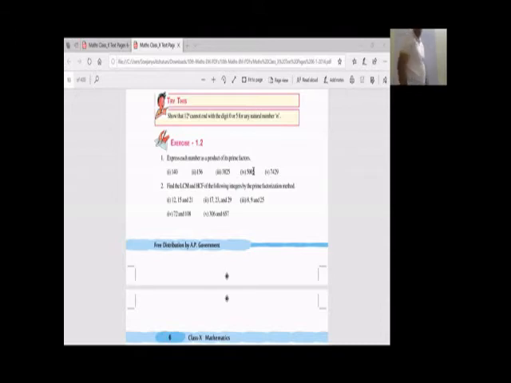So we have to proceed from the smallest prime to the next prime, to the next prime, wherever it is divisible. By the time we get 143, it cannot go beyond 13.